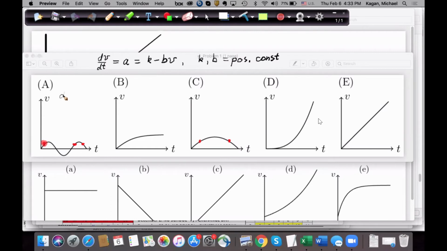You would say dt equals dv over k minus bv, and then integrate both sides, right? What I just did is called separation of variables. So you integrate both sides and then express v as a function of t. So this is doable. That's not super hard, but we can actually do it without calculus. So this is your homework to finish this approach.